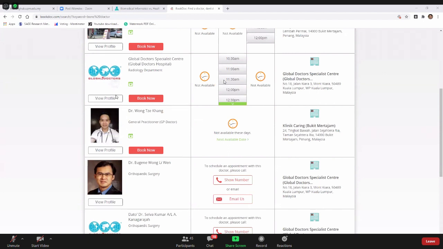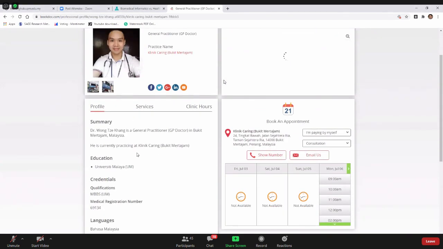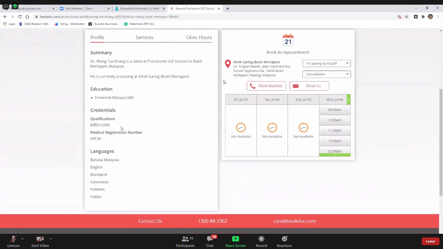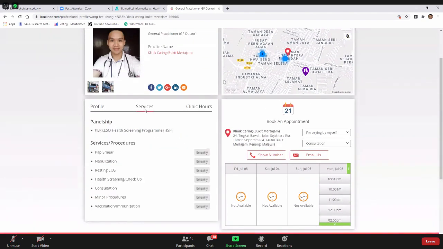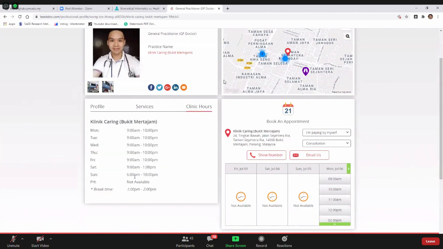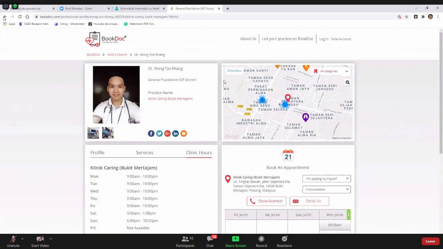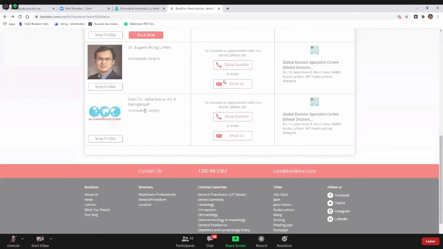So whatever doctors or clinicians are registered and posted here are all valid. You can see their profiles: where they graduated from, their credentials, their medical registration numbers, what languages they speak, what services they offer, and the clinic hours. So you can look at more.